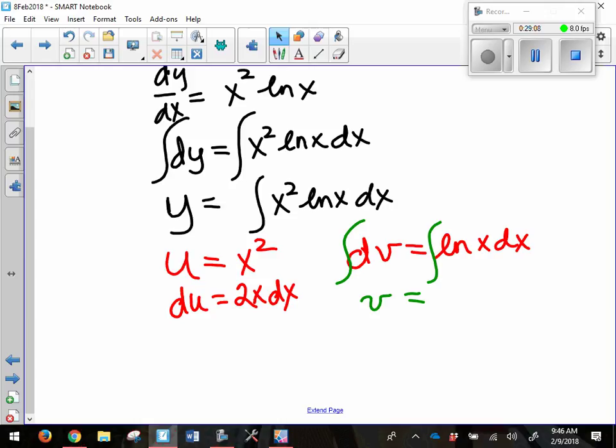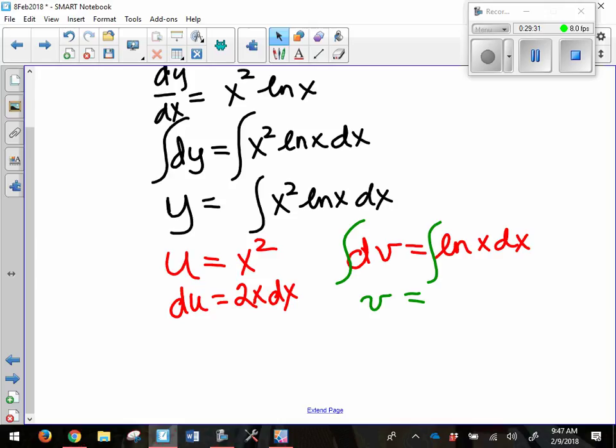So I don't know. It might be in there. No, I don't know what the integral of natural log of x dx is. We're not going to use it even if you find it. I found ln x.